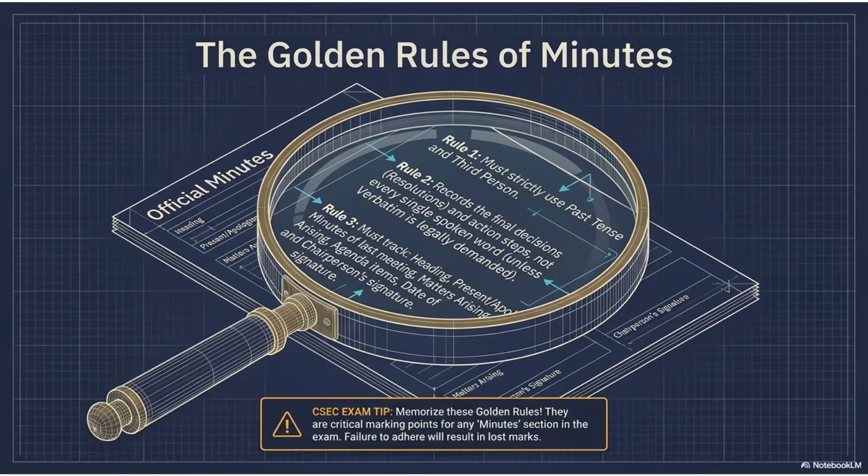Two, any final decisions that were made need to be recorded. You don't have to say everything that happened word for word, but any final decisions that were made should be recorded.